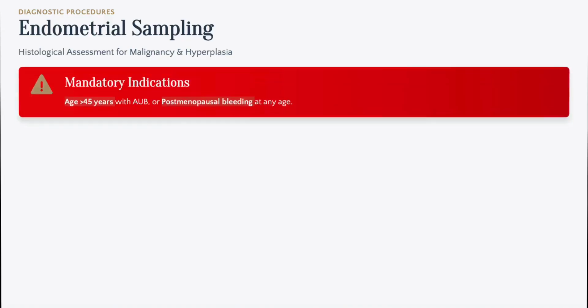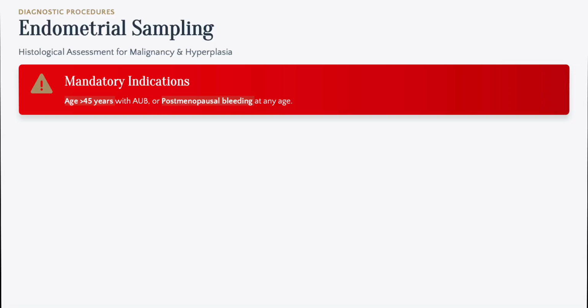What about endometrial sampling? Endometrial sampling for histological assessment is critically important. Let me be very clear about indications. It is mandatory for, one, age over 45 with abnormal uterine bleeding, and two, post-menopausal bleeding at any age.